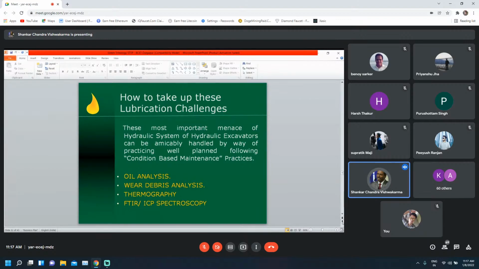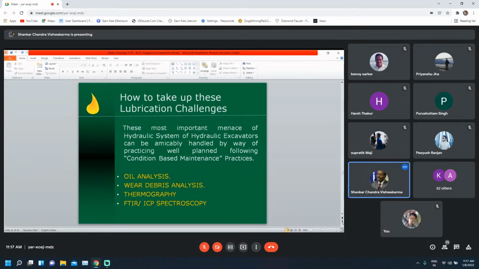And if there is an indication of deterioration, immediately we start attacking with predictive activity. So in this way, by going for condition-based maintenance, we are saving a lot of time, and more important, catastrophic failure has been reduced to a very negligible value.